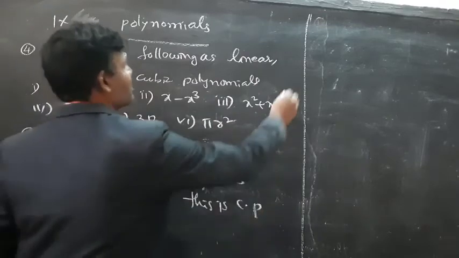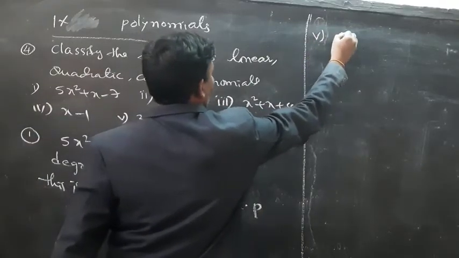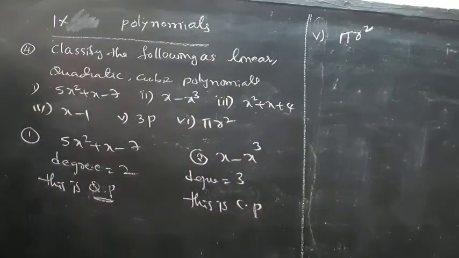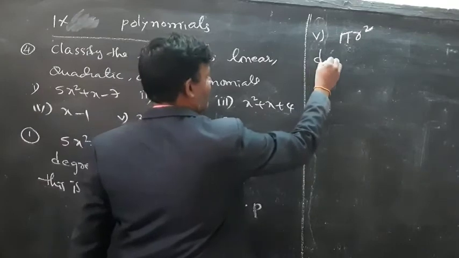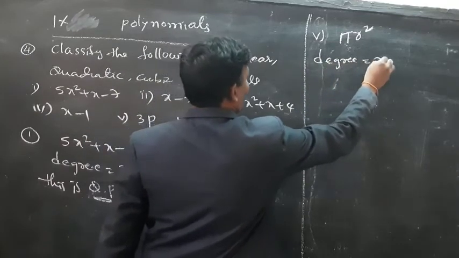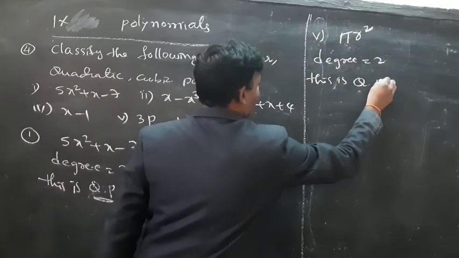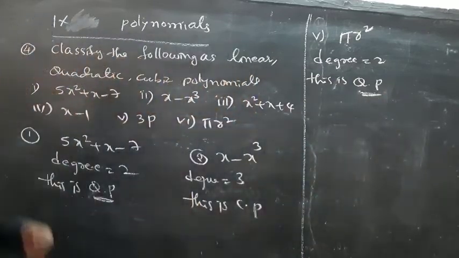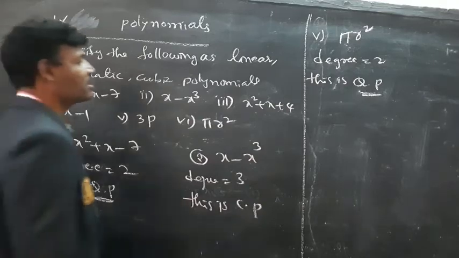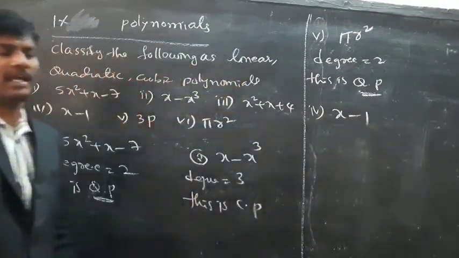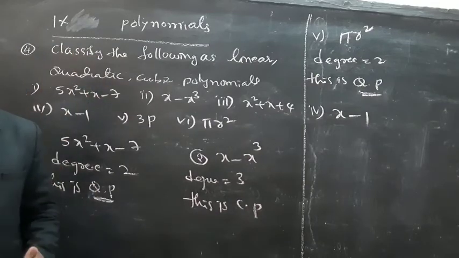Now move to the sixth question. Pi r square. Here r is the variable. What is the degree? The degree is 2. So what is the polynomial here? Quadratic polynomial. Next, move to the fourth question. What is the fourth question? x minus 1. Here what is the variable? x.